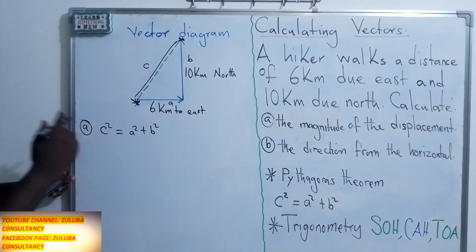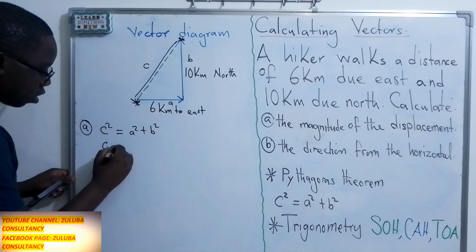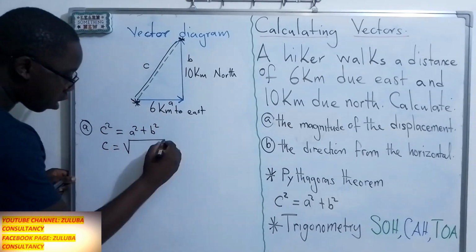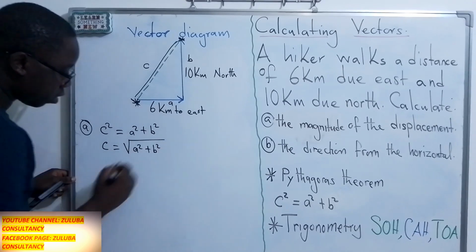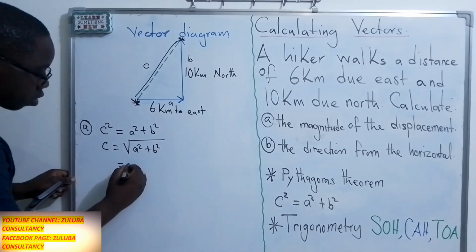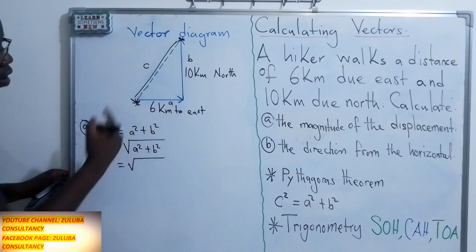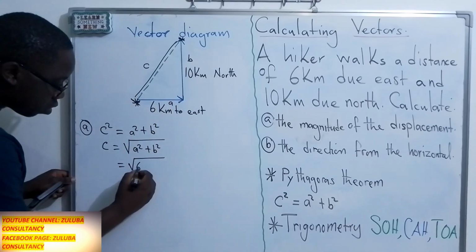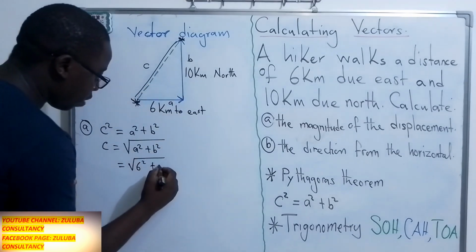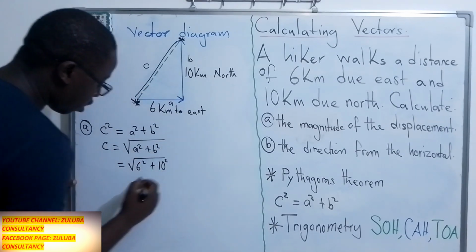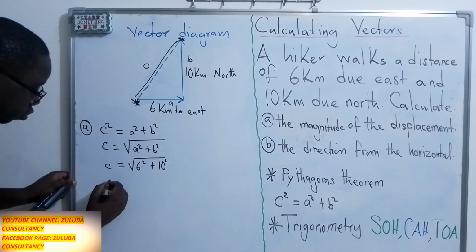When you want to get c, we are simply saying c is equal to the square root of a squared plus b squared. Our a is 6 kilometers, so 6 squared plus our b is 10 squared. This is equal to c.